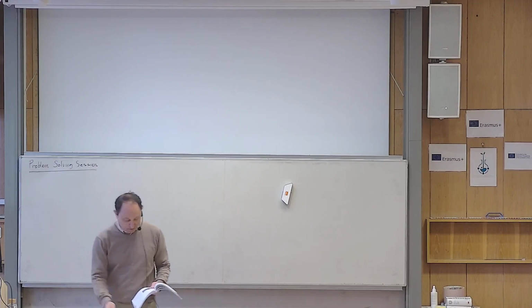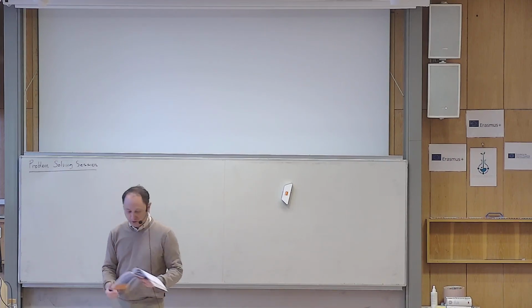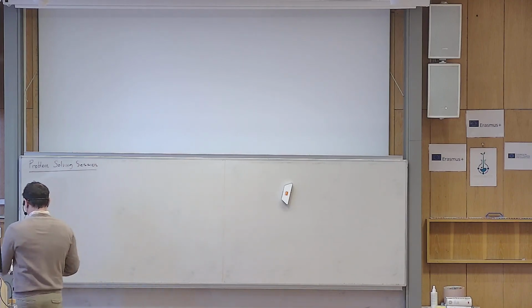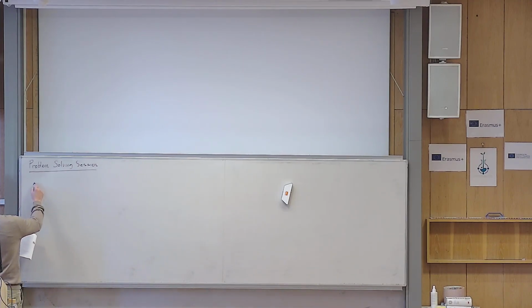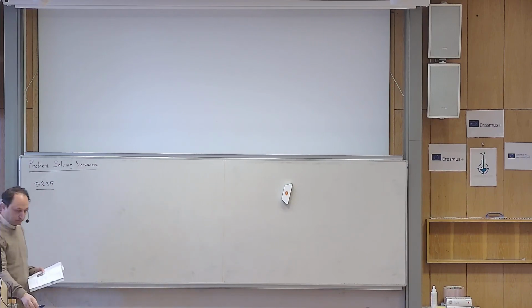Because this is probably which level? This is a level 1 problem, yes? So if 32, what did you say? Might be wrong. 32, 35, yes? This is the problem we want to solve.